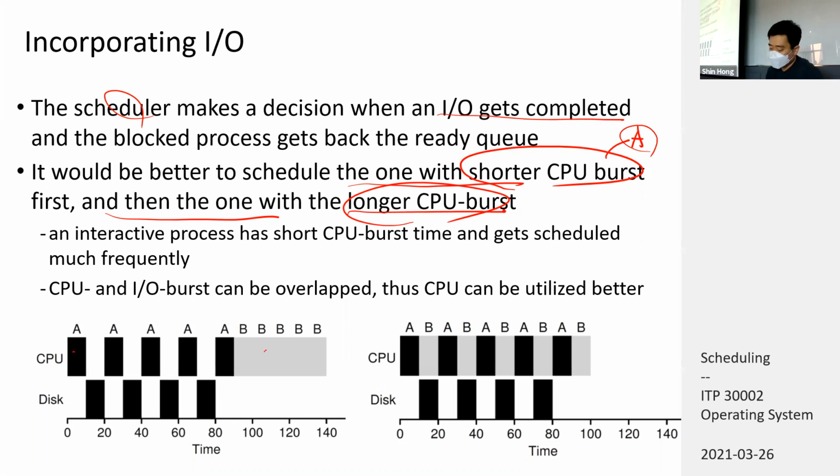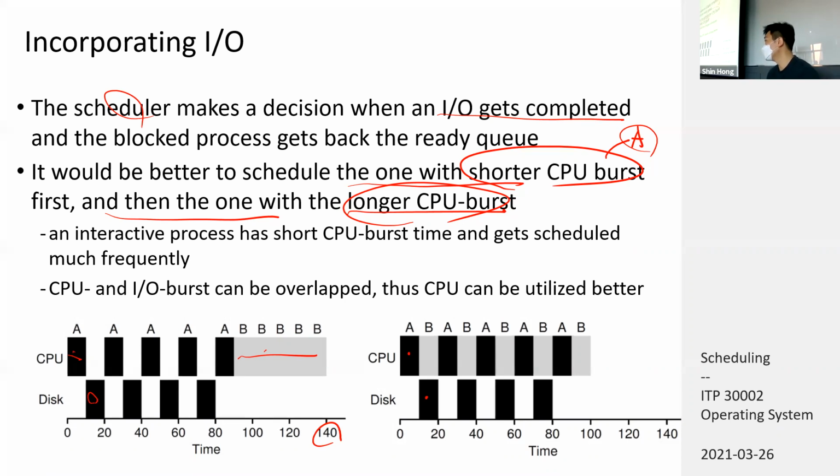So if we simply execute A first, then A uses the CPU, and then it tries to use the disk. In the meantime, the CPU is simply sitting idle and cannot be used. And when all the jobs of A are done, then B is scheduled. So here, the sum of the turnaround times is 140. But if we first execute A, and when it goes to I/O and does not need to hold the CPU for a while, then what?